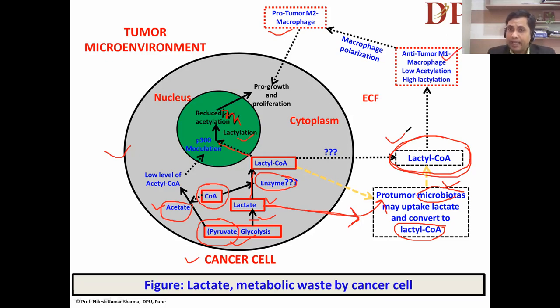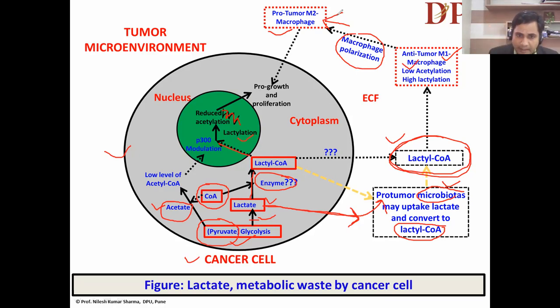Once these anti-tumor M1 macrophages receive the metabolic messenger in the form of lactyl CoA, they are activated and turn in favor of cancer. So these M1 macrophages go for polarization and turn into M2 macrophages.